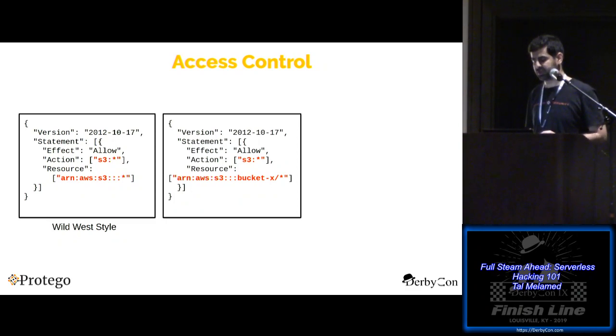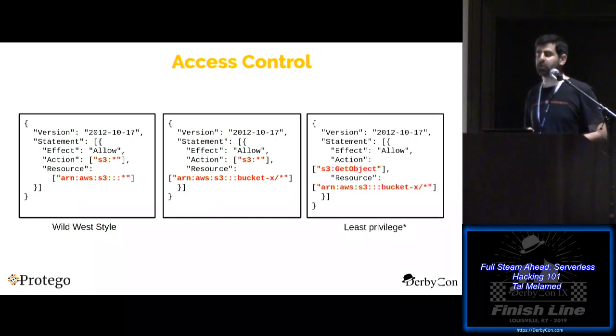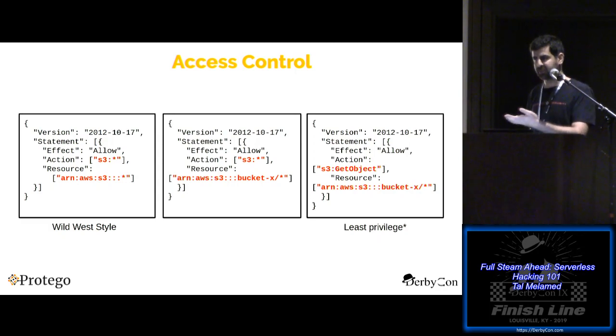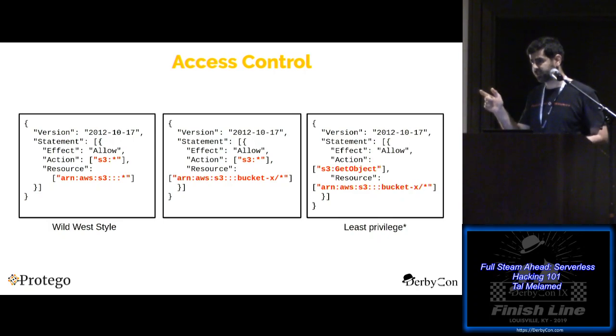But if you really want to go into security, you're going to do something like that. If your function only reads data from this specific bucket, you can give it a specific permission that tells the function you are only allowed to get an object, one specific object, or any other object, but only one object at a time from this specific bucket. So this is a huge advantage.